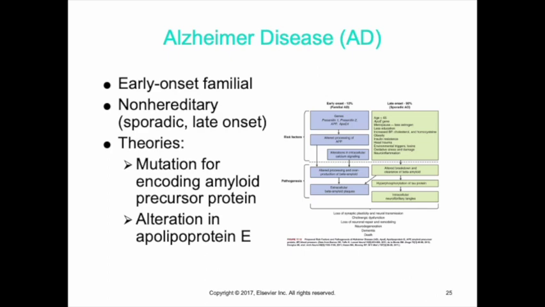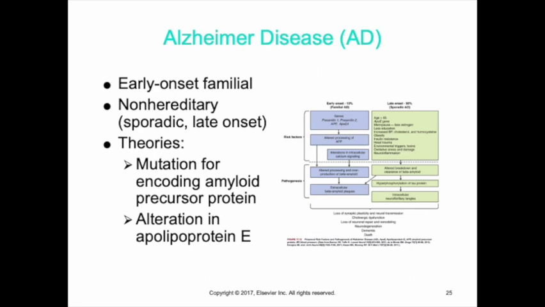You will see pathologic alterations in the brain that will include the accumulation of extracellular neuritic plaques that contain a core of abnormally folded amyloid beta and tau proteins. You're also going to see intraneuronal neurofibrillary tangles, and again, degeneration of basal forebrain cholinergic neurons with the loss of acetylcholine.